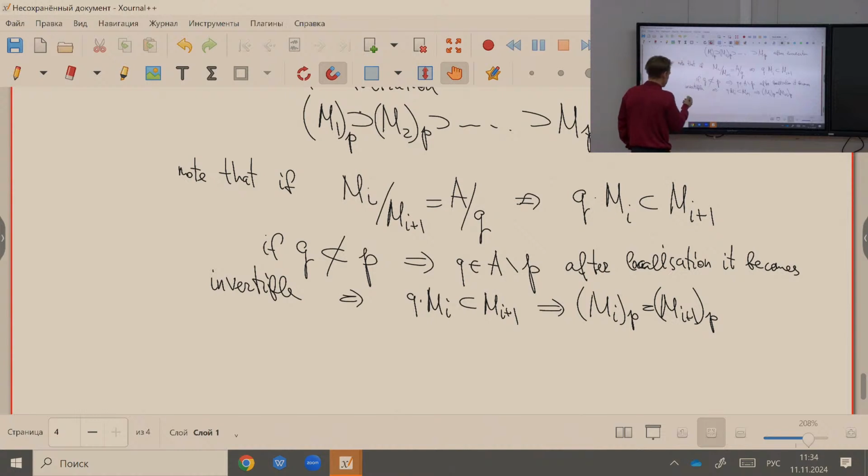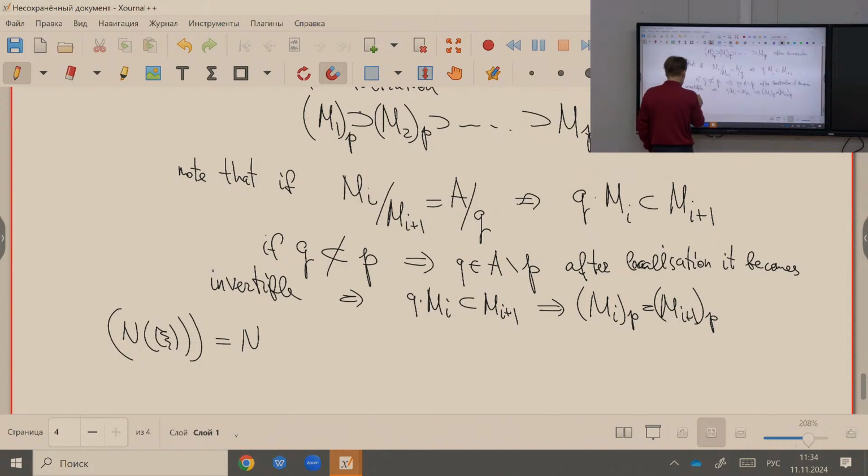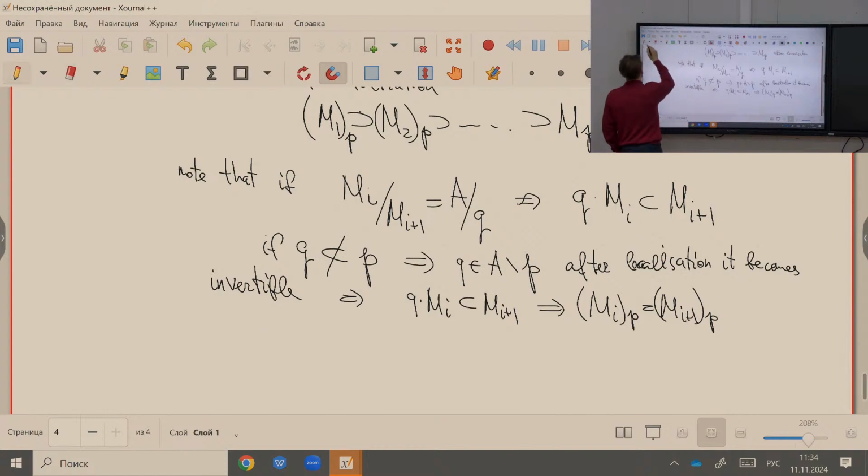So then I simply can say that we can check the equality in Dedekind rings. You take the norm of an element, and maybe I should say something about ideals.